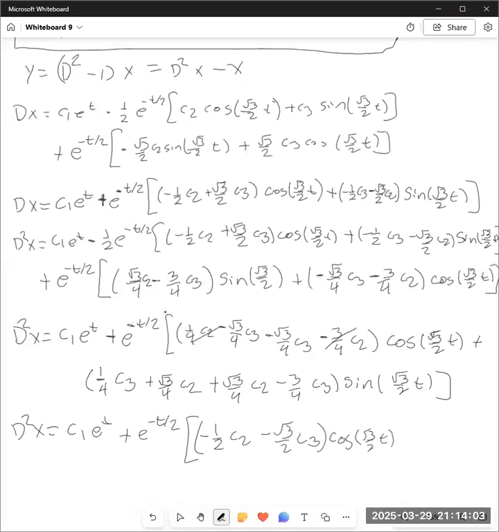And then this is 1/4 minus 3/4, which is negative 2/4, negative 1/2 c3.